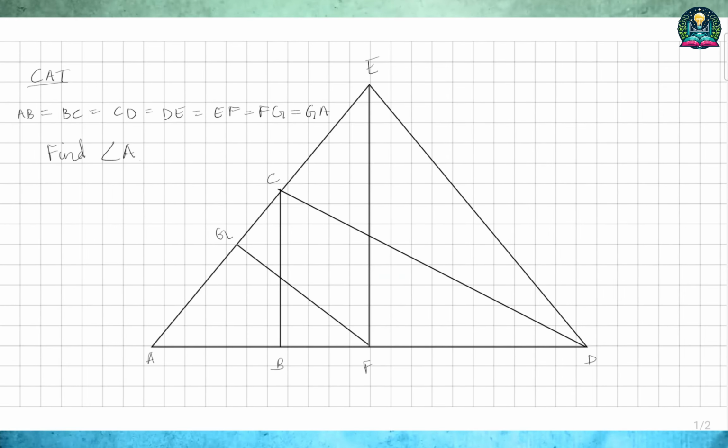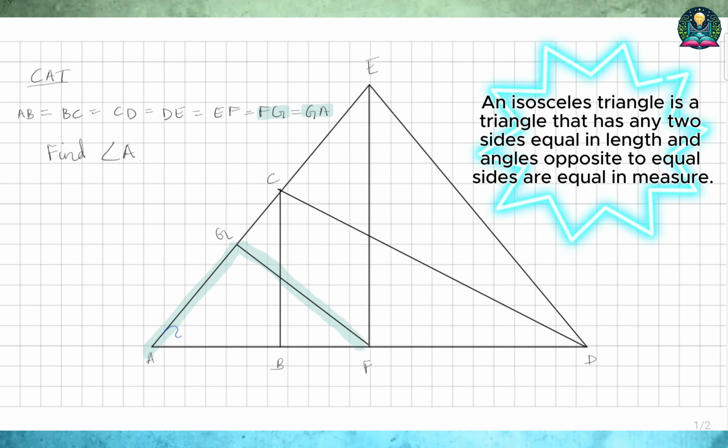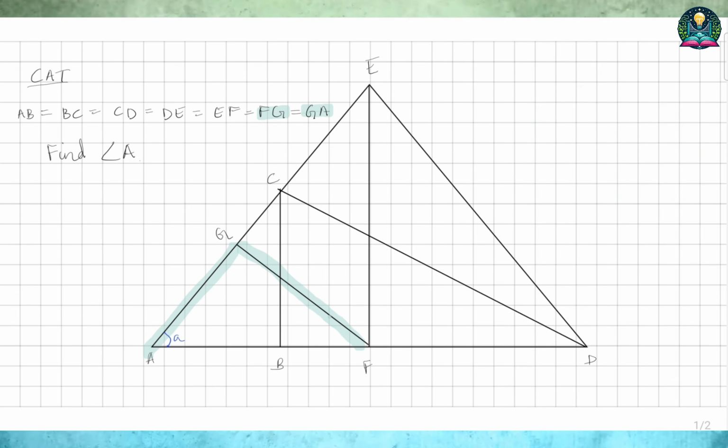Let's start from the right side here. We have AG is equal to FG. Let's mark that in the figure. And because AGF is an isosceles triangle, we can mark these angles as A. Then we have FG is equal to EF. Let's mark that as well.